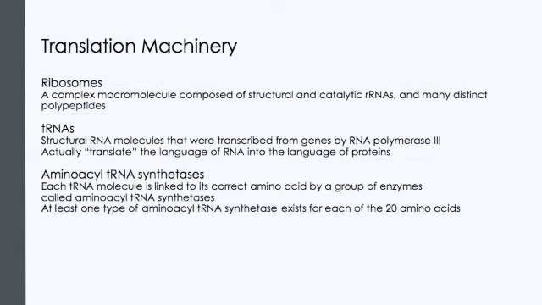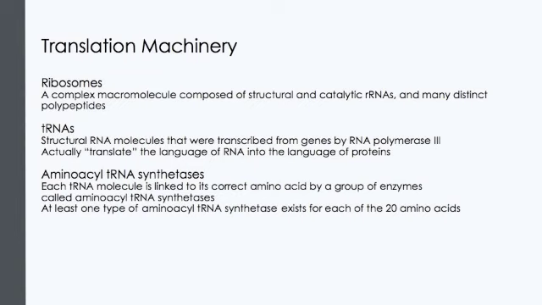And on this slide, we'll dig a little deeper into the translation machinery. Ribosomes are complex macromolecules composed of structural and catalytic rRNAs, and they have many distinct polypeptides. tRNAs are structural RNA molecules that were transcribed from genes by RNA polymerase III.